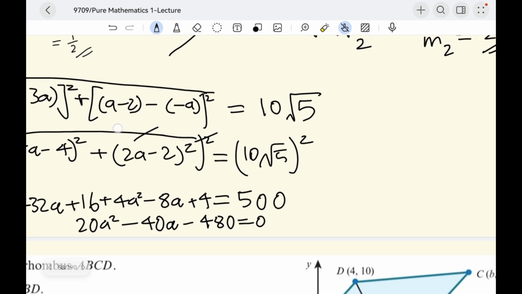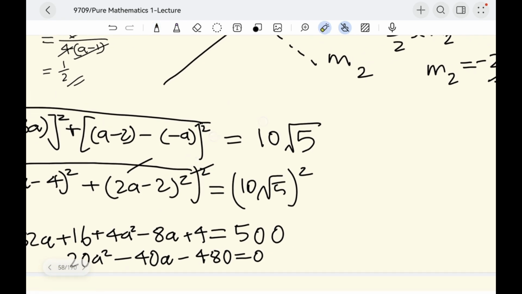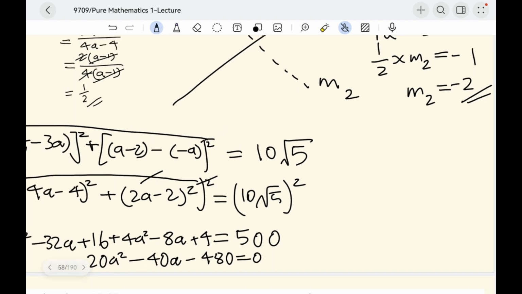Okay, so it is obviously divisible by 20 for each term. Okay, so divide 20 for all the terms. So I have A square minus 2A and negative 24.